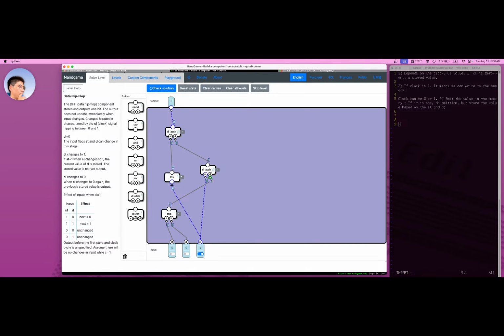When I finish the clock, this 0 goes here. But actually it should not go there. Output should stay 1. That's the problem.